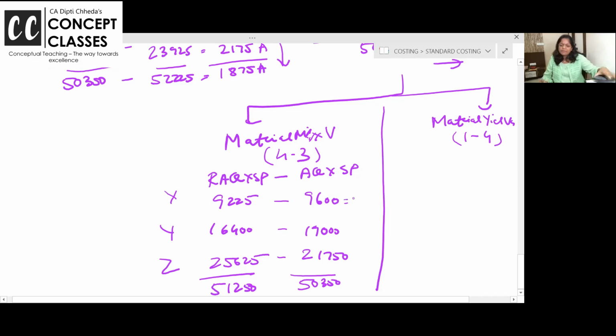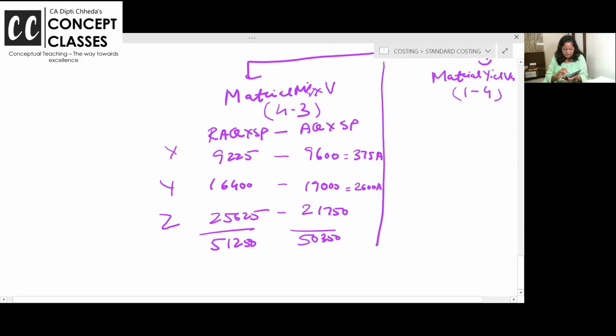The first one, material mix variance. 9225 minus 9,600, 375 adverse. 16,400 minus 19,000, 2,600 adverse. 25,625 minus 21,750, 3,875 adverse.